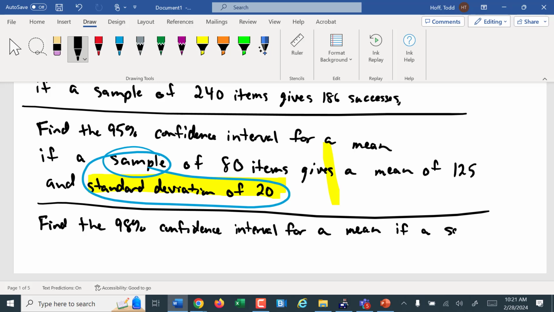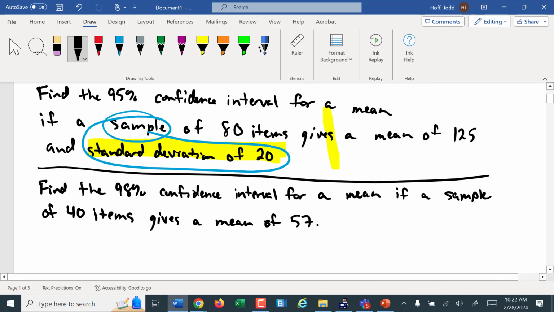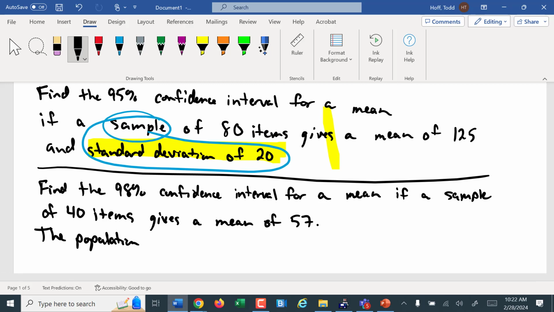If a sample of 40 items gives a mean of 57, and here's the key, the population standard deviation is known to be 17.